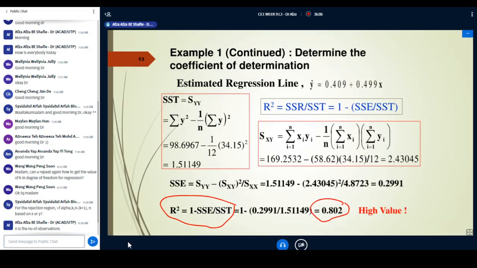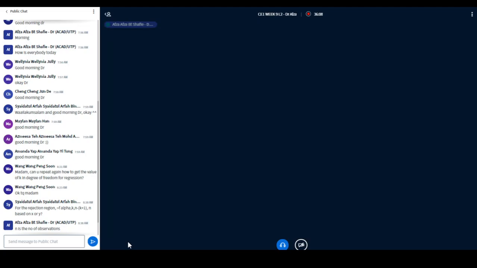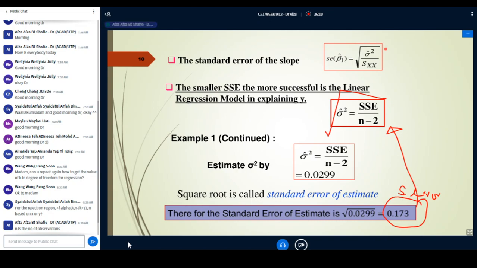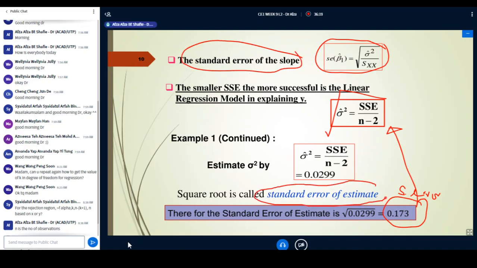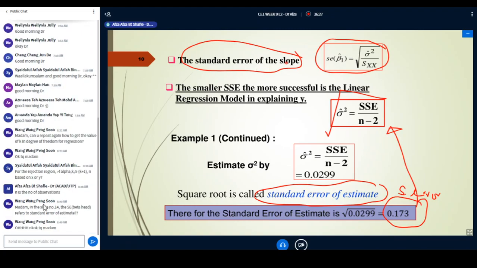It's the standard error of the slope. What we calculated, the standard error of the estimate, is the overall standard error. So the SE beta 1 means the standard error of the slope.